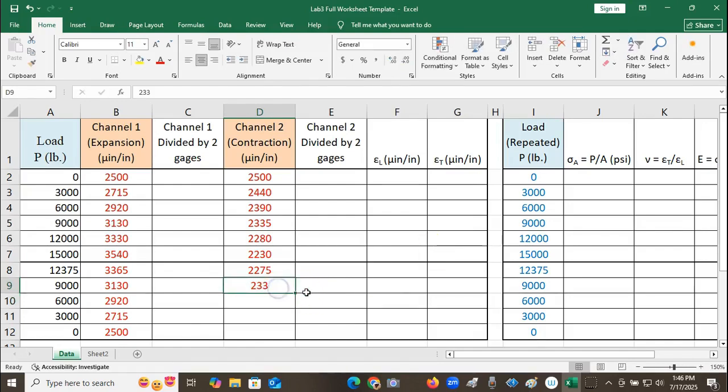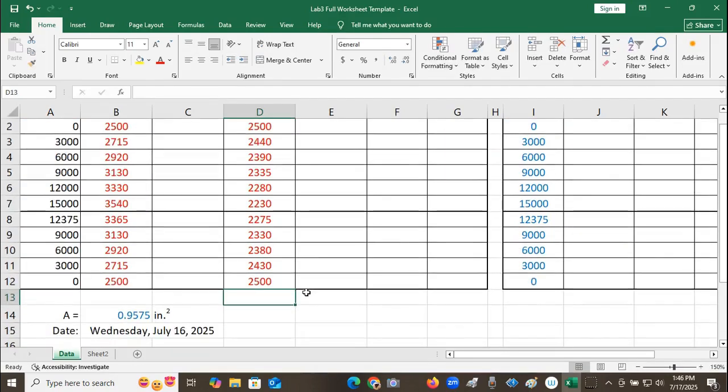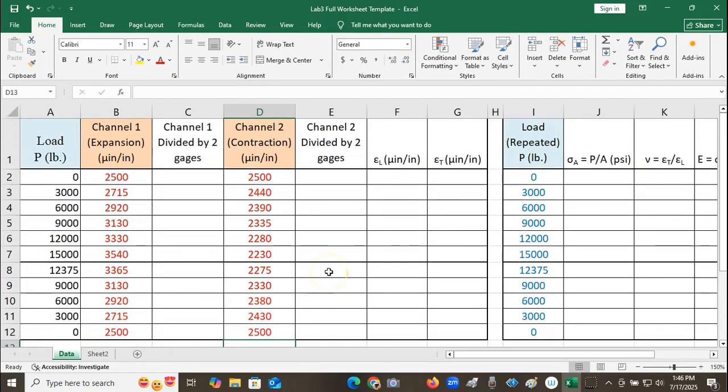Oops, 2330. 2380. Where am I? 2430. And then I got back to 2500. Okay, so now I typed in all the data.